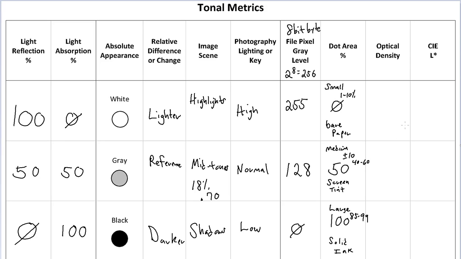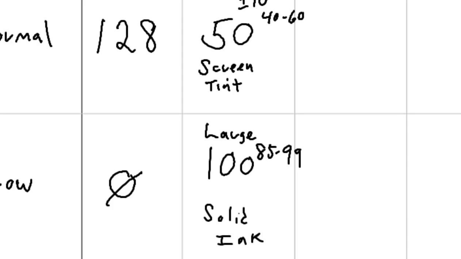Now, if you take a reflection densitometer and measure paper, it'll probably be somewhere around 0.05. And that is if the paper is around a 95% brightness. If you measure the black ink, if you're on coated paper, you're probably around 1.90.